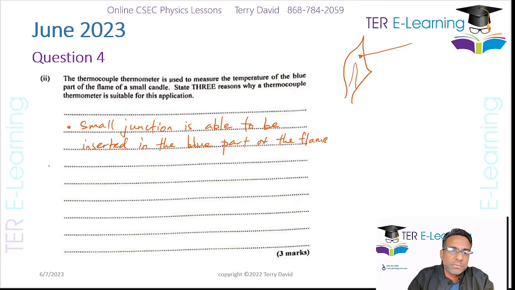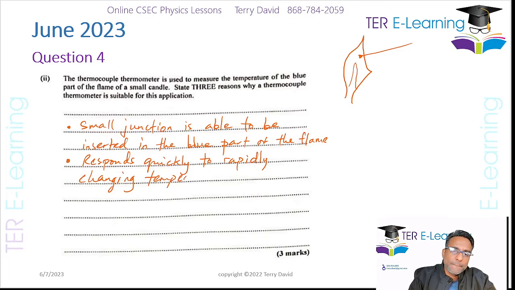So that's one. The second thing is this. One of the biggest advantages of a thermocouple is that it can respond to rapidly changing temperatures. So it responds quickly to rapidly changing temperatures. That is the main advantage of a thermocouple, so I would have included this as part of an answer.